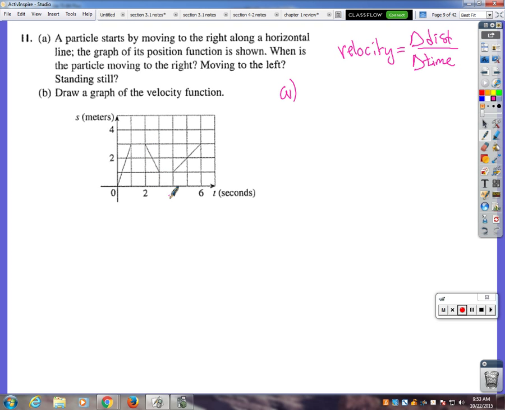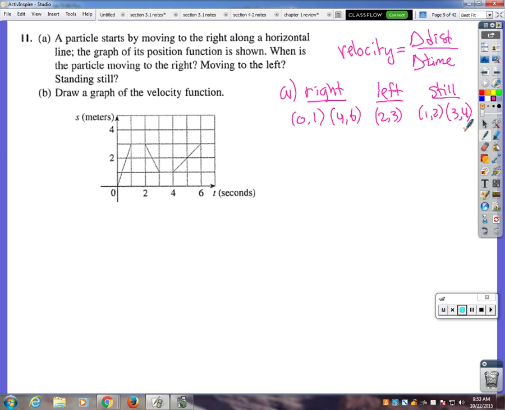So when is it moving to the right? 0 to 1, and 4 to 6. When is it moving to the left? 2 to 3. And when is it standing still?